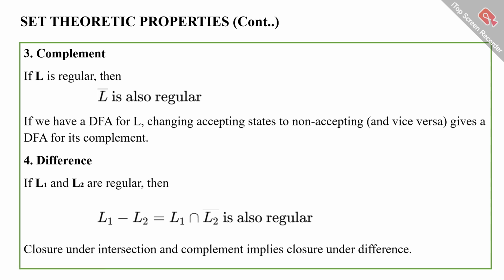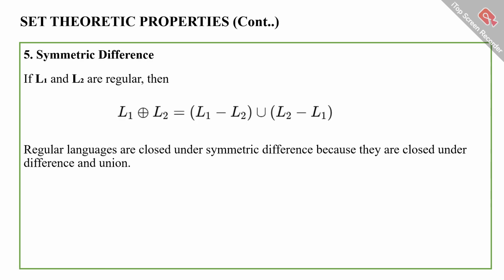So this is the next set theoretic property. The next one is symmetric difference. The difference between the previous one and the symmetric difference is, suppose there are two sets A and B. As I already explained, A minus B means whatever elements are common in A and B, we remove, and the remaining elements in set A are given as the difference.